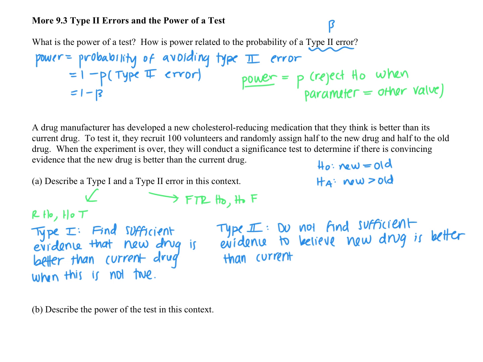Again, that's a decision. That's not an error yet. All we're saying is we've found evidence. So we haven't described an error. So we do not find sufficient evidence to believe the new drug is better than the current, even though it is.